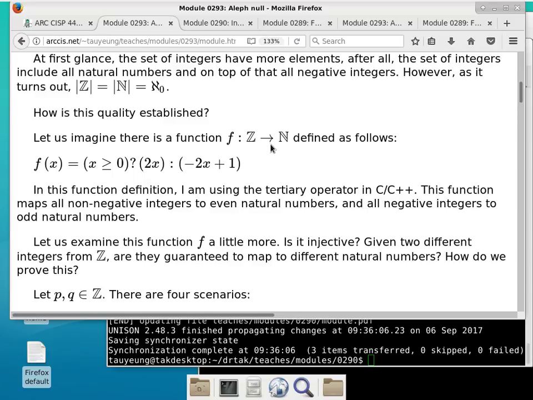Now, if I call the cardinality of all natural numbers aleph 0 or aleph null, I can also describe the cardinality of the set of integers exactly the same way, because for each element in Z there's one in N, and vice versa. So the bijective function is used to establish equivalency of cardinality. And not just any cardinality, it is the cardinality of a set that has an infinite number of elements. So that's the significance of this topic.